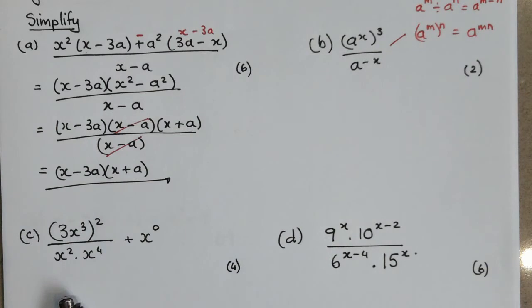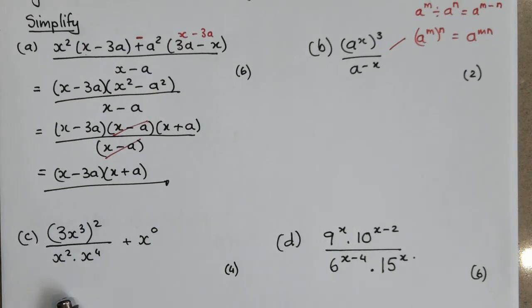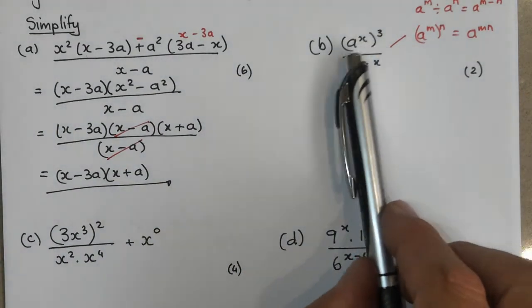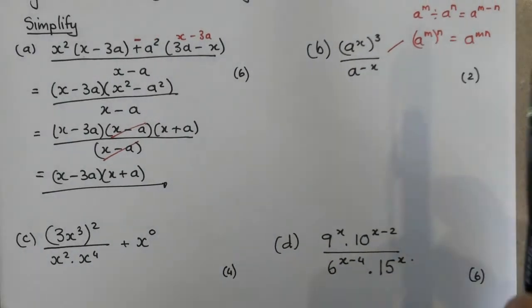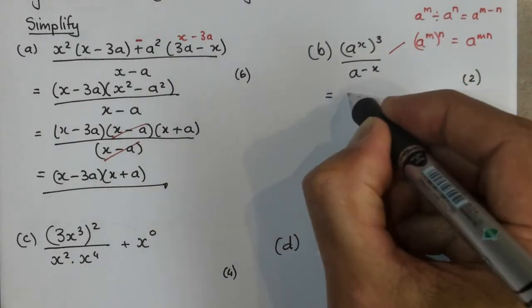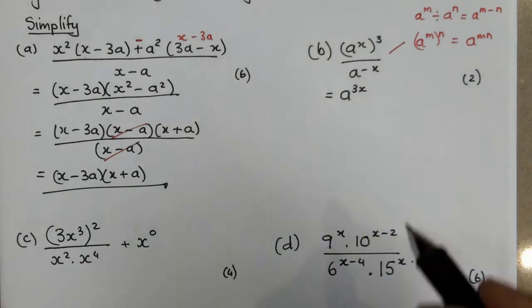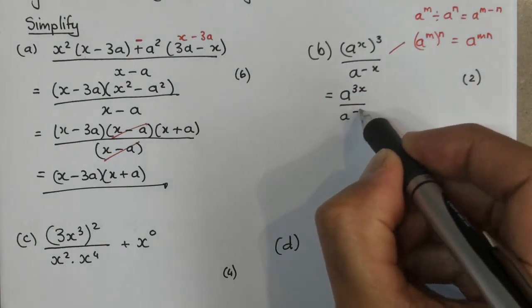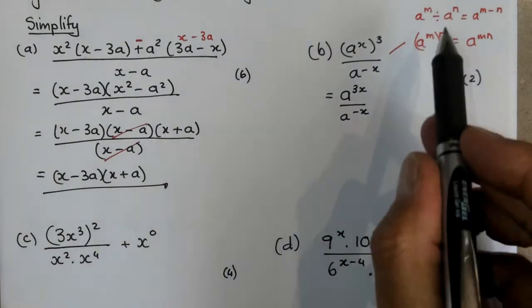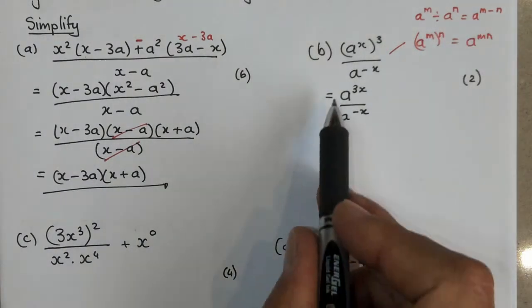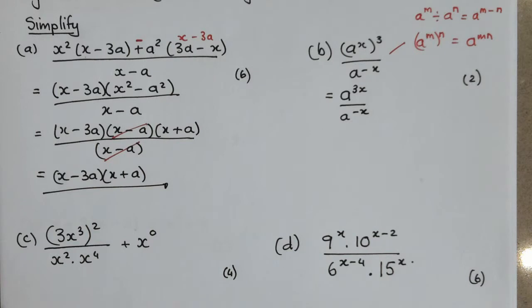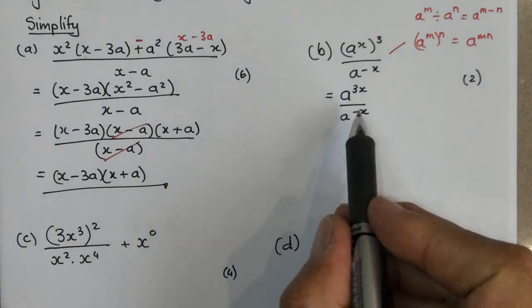So we're first gonna distribute or get rid of that bracket by law number 2. So we'll get a to the 3 multiplied by x is 3x. Then that would have been divided by a to the minus x. Now I'm going for the second law. If I divide like bases, all I need to do is subtract their powers.